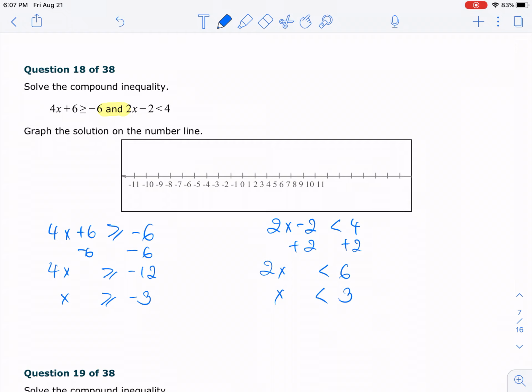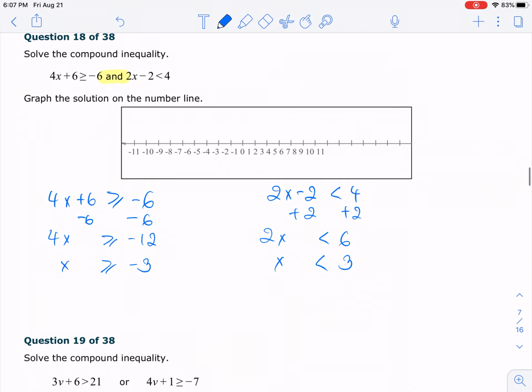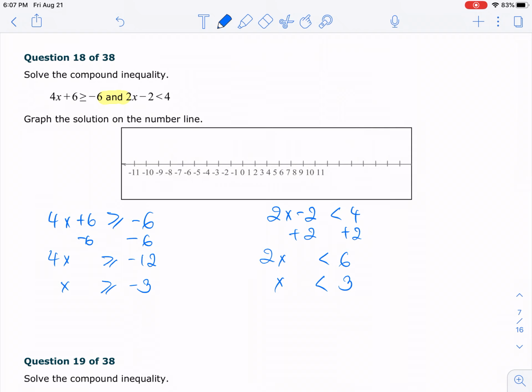All right, so I'm not going to use that number line. So let me see, because it's a little bit confusing with all the numbers. So here, I'm going to do this. So we have negative 3 and positive 3.